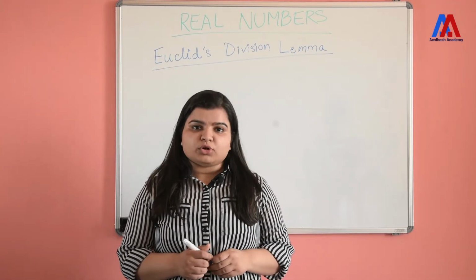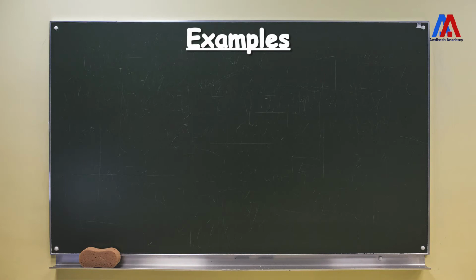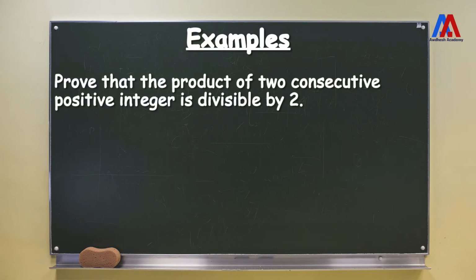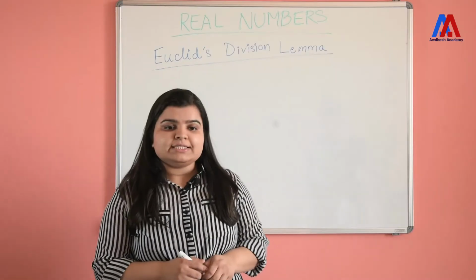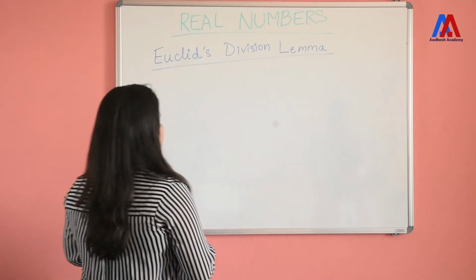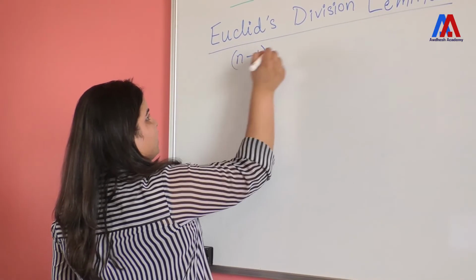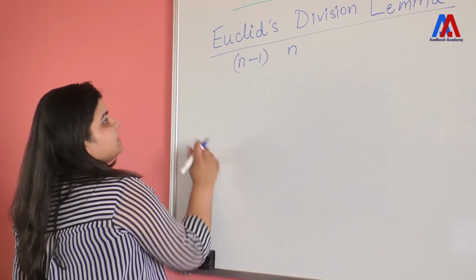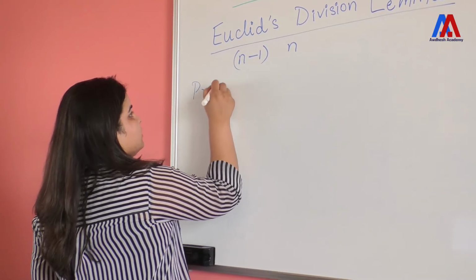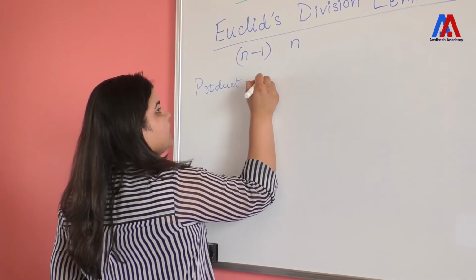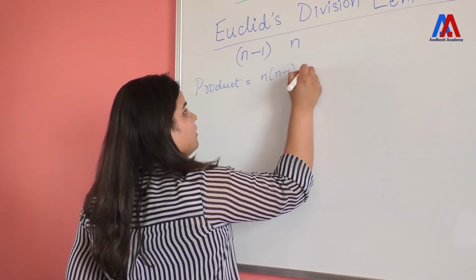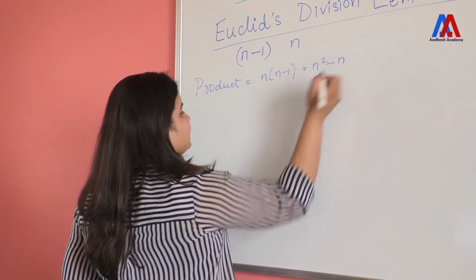Now let's move on to the next problem, which is: prove that the product of two consecutive positive integers is divisible by 2. Now let's take the solution. Let the two consecutive numbers be n minus 1 and n. Thus the product of these two numbers would be n into n minus 1, or n square minus n.